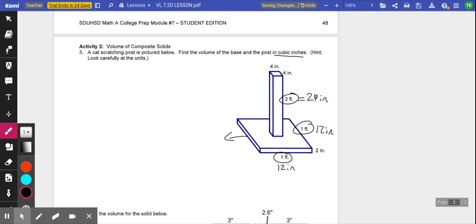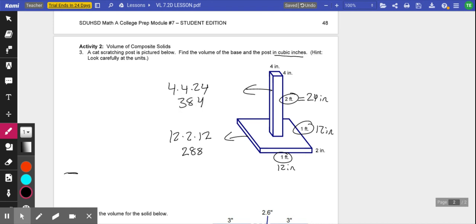This bottom part, I'd have to go 12 times 2 times 12. That is 288. And on this top part, I'd have to go 4 times 4 times 24, which is 384.